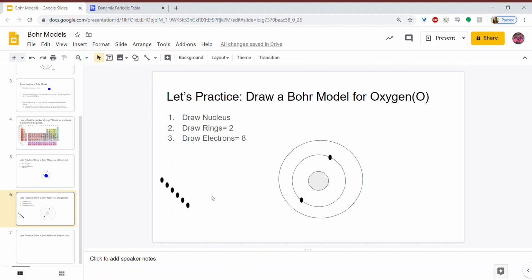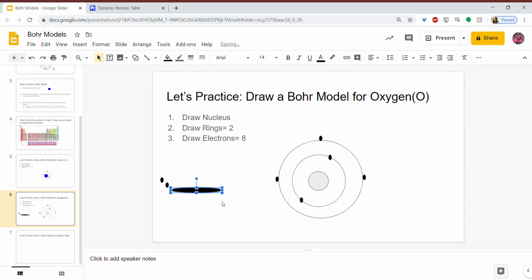Alright, so now my remaining electrons are going to have to go on the second shell. 1, 2, 3, whoa, 4, 5, and 6.